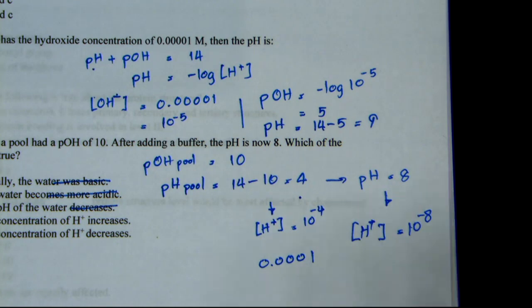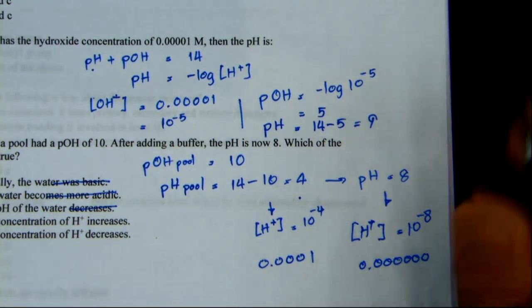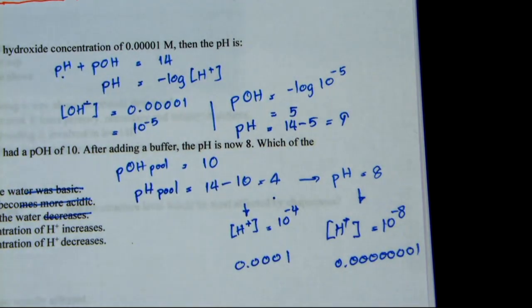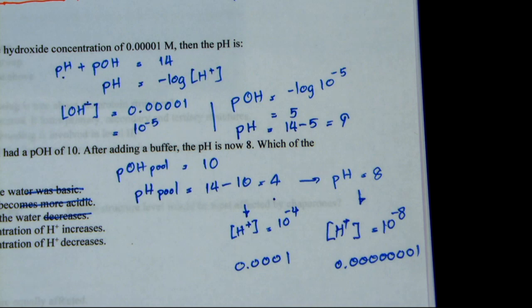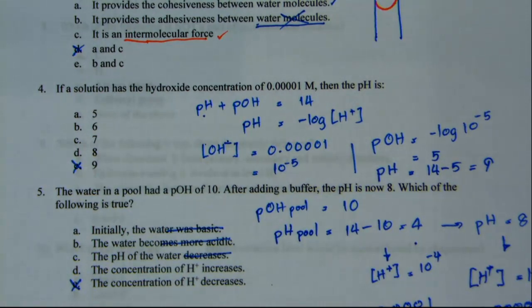And 0.000, I don't know how many zeros, 6, 7, 8. Which one is smaller? Negative 8. So this one is smaller, so it's decreasing, right? So the answer is E here, okay?